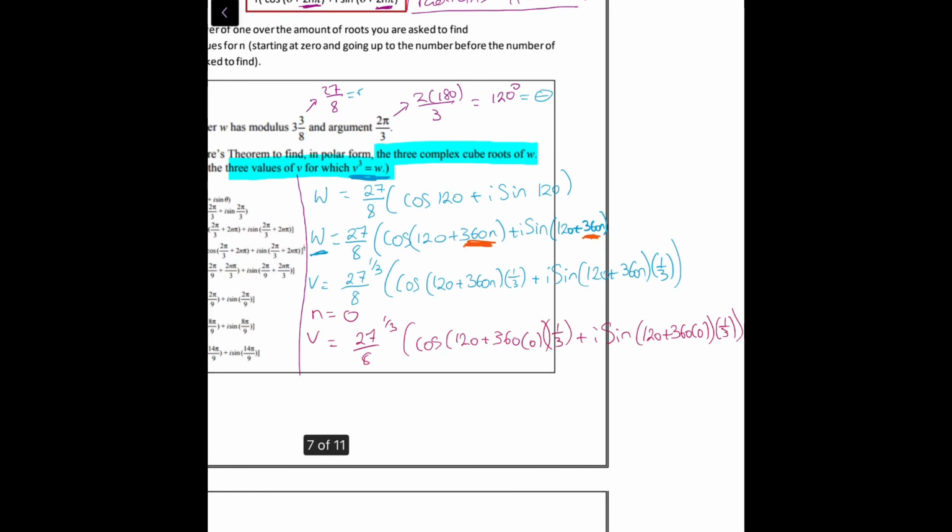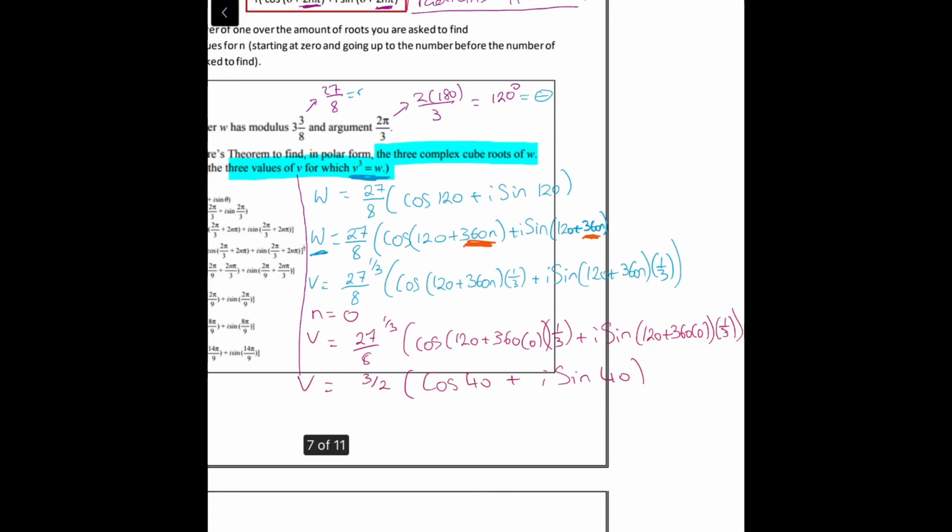So when I put my 27 over 8 to the power of 1/3, I get 3 over 2. In my calculator, I multiply 360 by 0, which is 0, add that to 120, which is 120. I'm getting 1/3 of 120, which gives me 40. So really, I am getting the cos of 40 plus i sine 40.